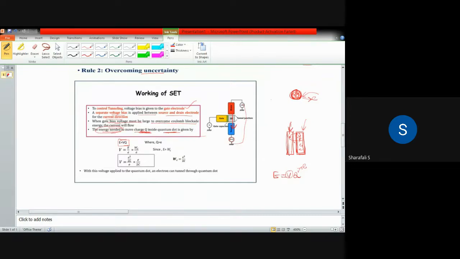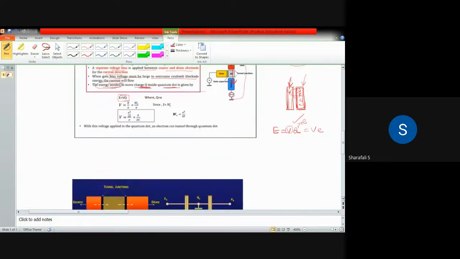If you provide this much energy, V times e, then only this electron can move into this quantum dot. So from that we can say the potential V is equal to e by C.